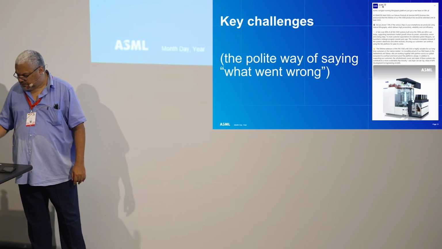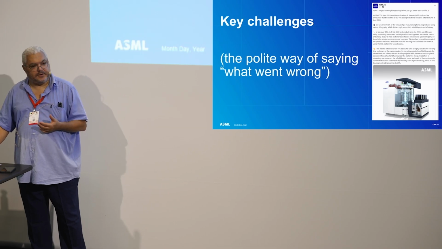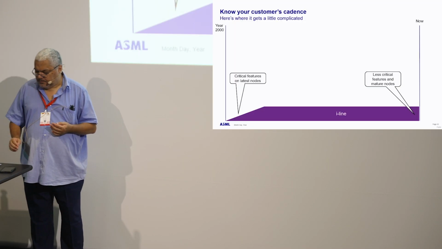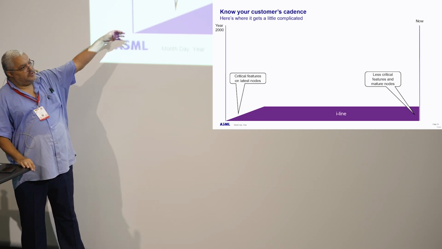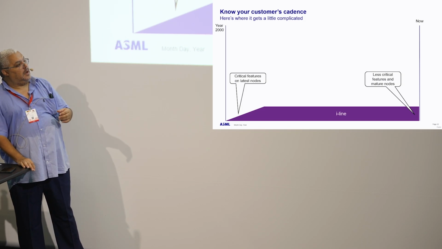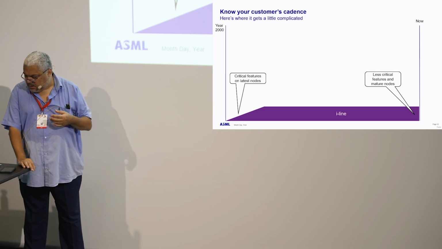And the same is true of our twin scan systems, the more modern scanner type of system. If I drew a time scale that went from about the year 2000 when we started making twin scans to about now, we started off making these things, we called them PEP-Align.